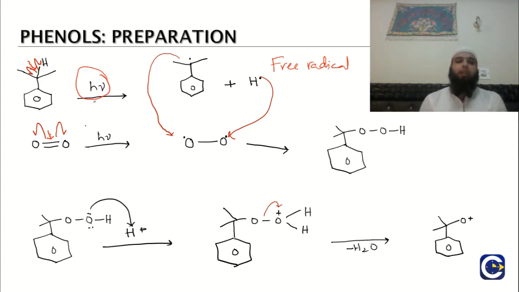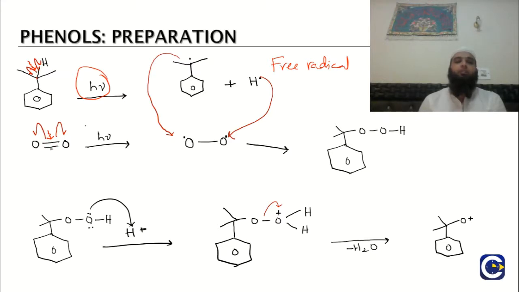When we put light on isopropyl benzene, there is homolytic cleavage of this carbon and hydrogen bond, and we get two radicals: an isopropyl benzene radical and a hydrogen radical. Similarly, the O2 oxygen molecule also breaks homolytically.